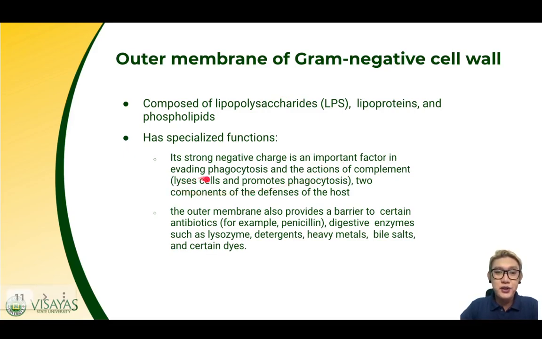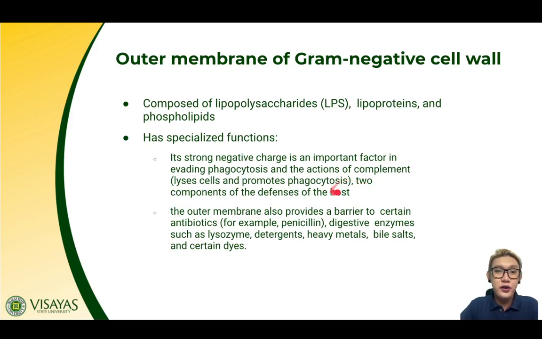The strong negative charge is an important factor in evading phagocytosis, being eaten by other cells, and the actions of complements. Complements are those that are released by cytotoxic T cells to kill those cells that are bound with antibodies.